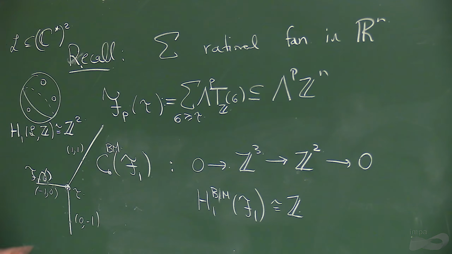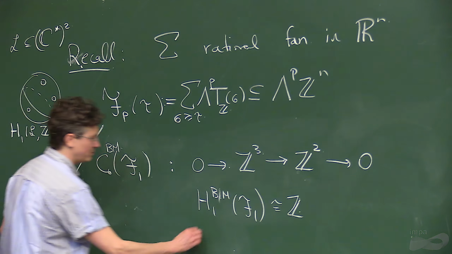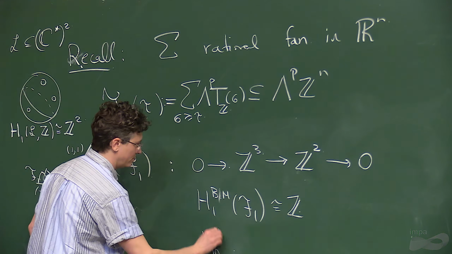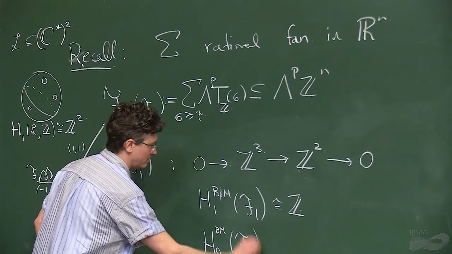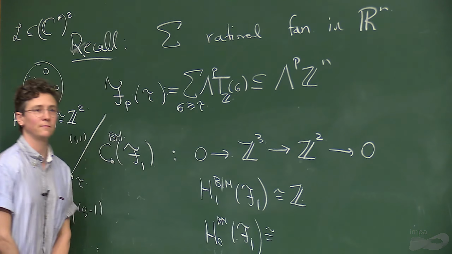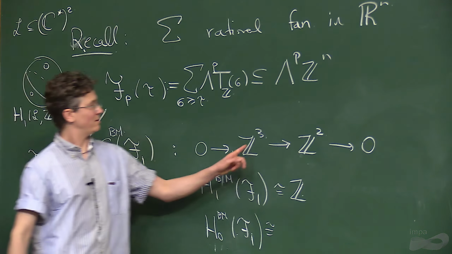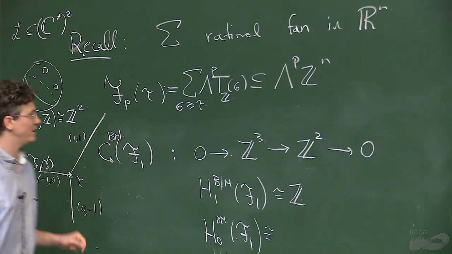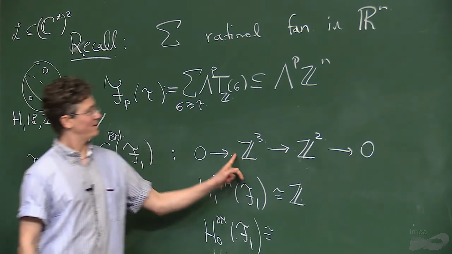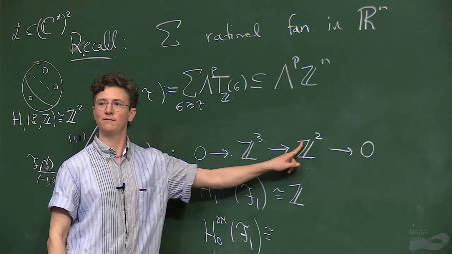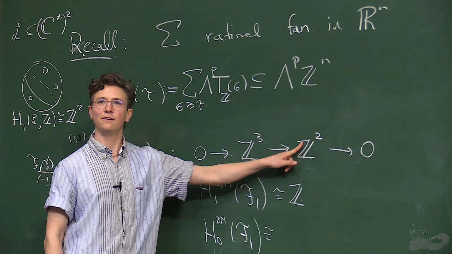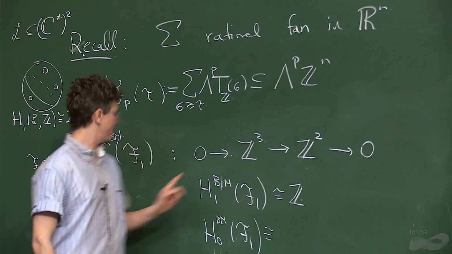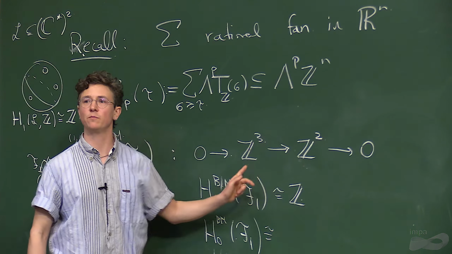What do I get then for H0? Well, I get 0. This map is surjective. So if I even just take this edge and the vector parallel to it, mapping it gives me E1, and this edge will give me E2. So this map is surjective.